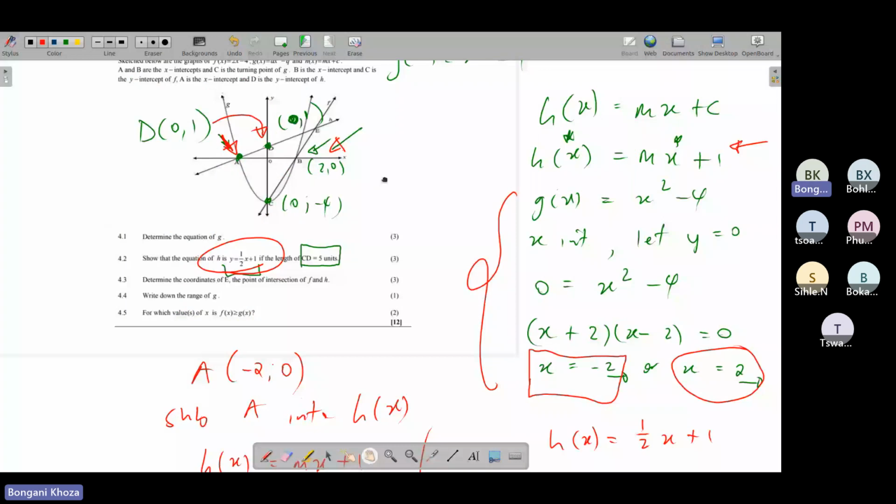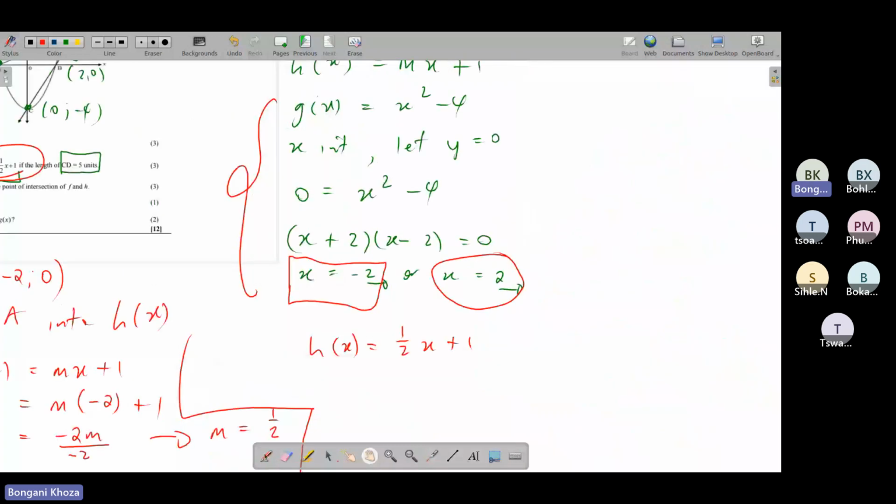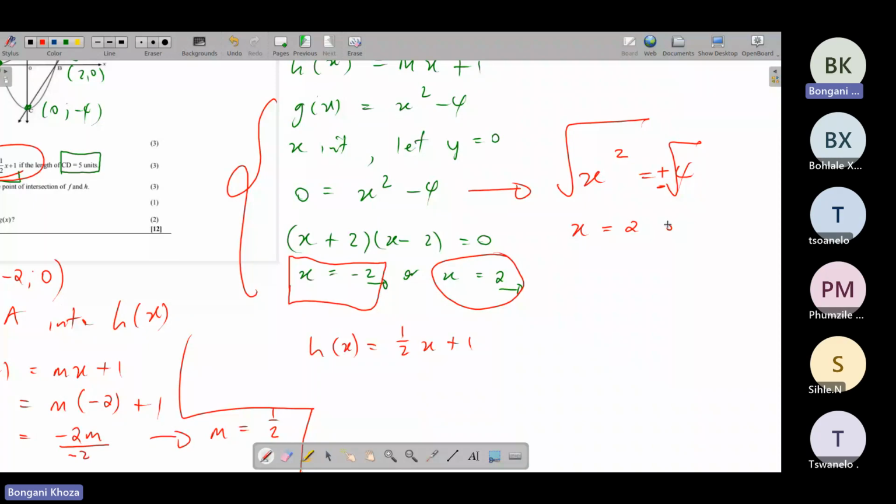So if you are suggesting that here you could have used, maybe you could have said x squared equals 4 and then apply your square root over here. Just have to remember that when you apply the square root, it's plus minus. So that means x equals 2 or x equals -2, and then you choose the right value that you're looking for. If you apply the square root without the plus minus, you'll only get this value.